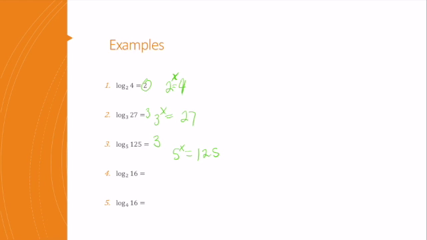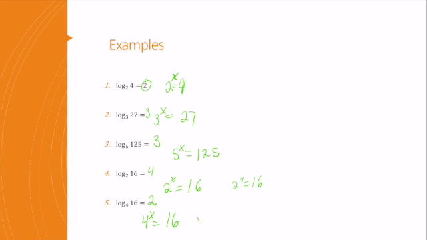So let me slow down a little bit. Log base 2 of 16 is saying, what power do I raise 2 to in order to get 16? Well, 2 to the 4th is 16. I can also ask log base 4 of 16. I could say 4 to what power gives me 16?